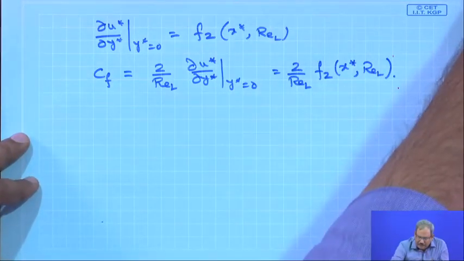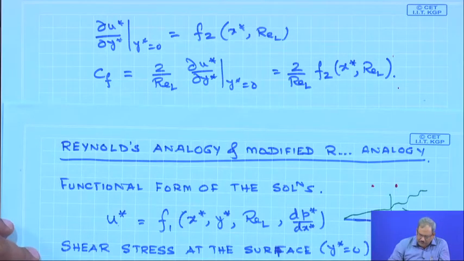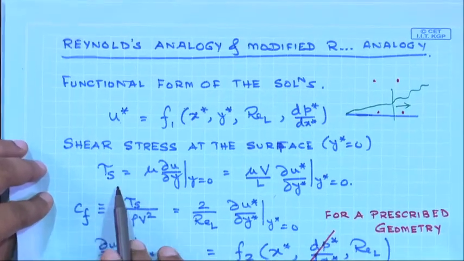So, these are the two equations that one needs to take a look at. First of all, u is a function of all the independent variables, the operational parameter and the pressure gradient. From there, I obtained the shear stress.